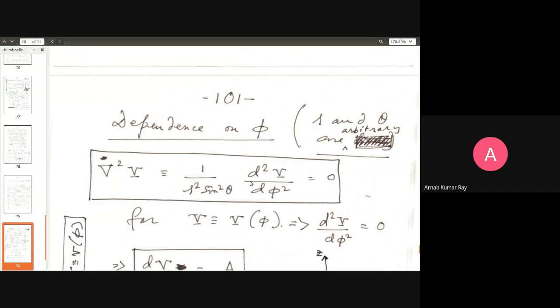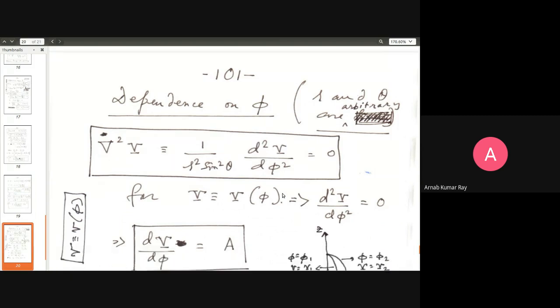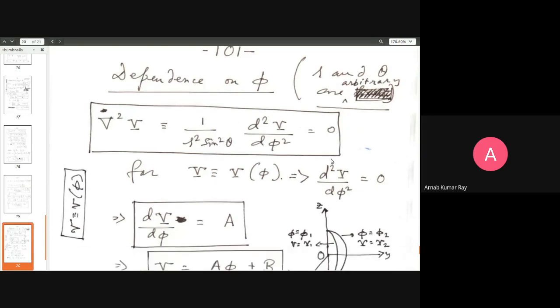Since it's a one variable problem, we are no longer writing del 2V del phi squared, but d2V d phi squared. r and theta can be quite arbitrary, they can have any value. That doesn't matter really. So this into this is equal to 0. This is the new topic that we are starting for the day. If that be so, 1 by r squared sine squared theta in general is not 0.